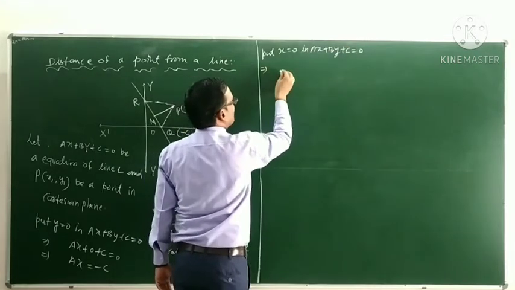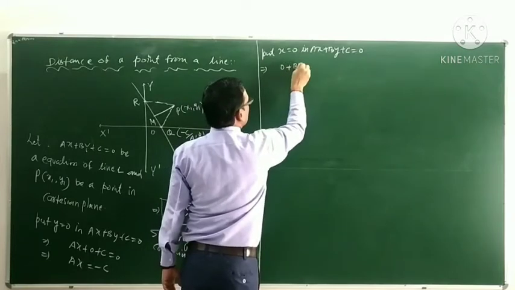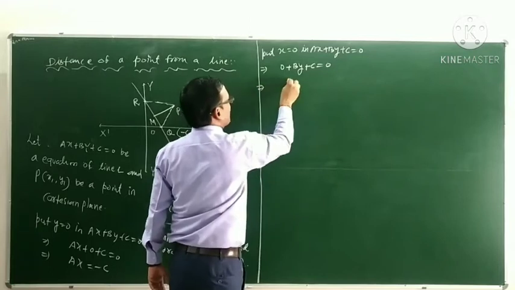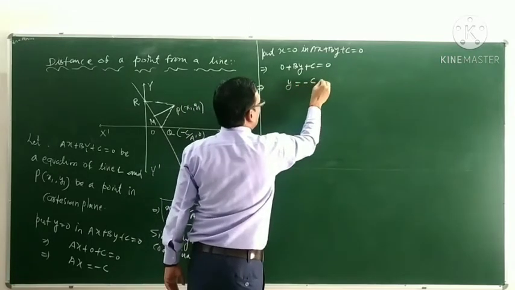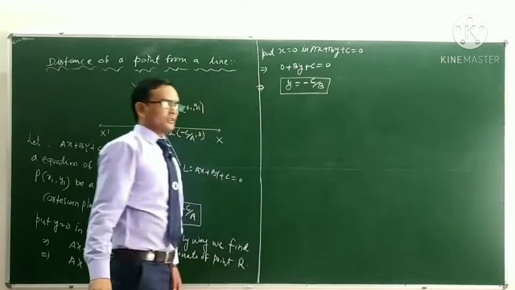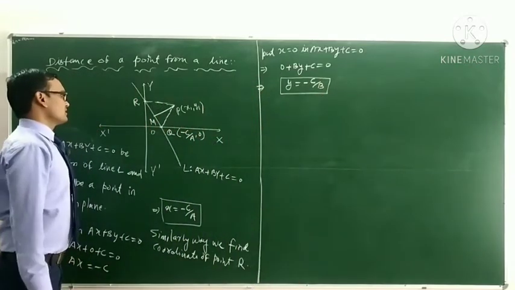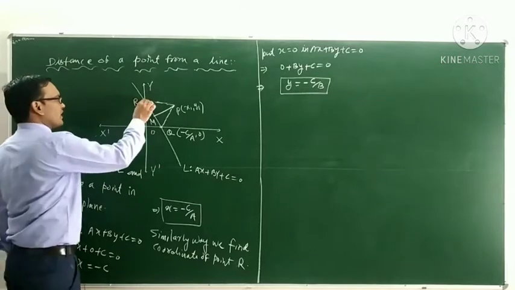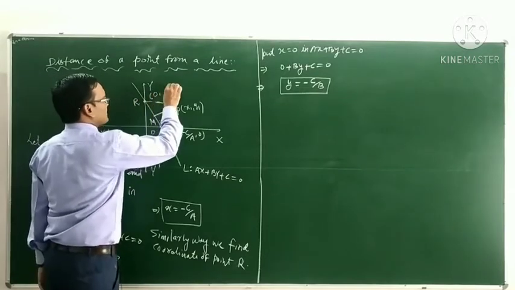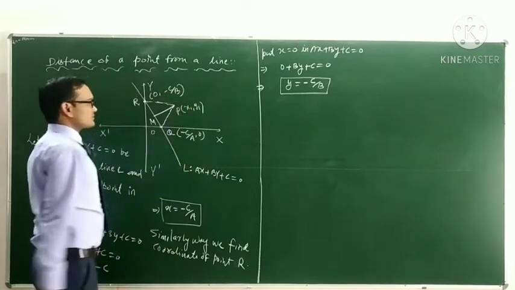This implies 0 plus by plus c equal to 0, so y equal to minus c by b. Hence, the coordinates of point R are (0, minus c by b).